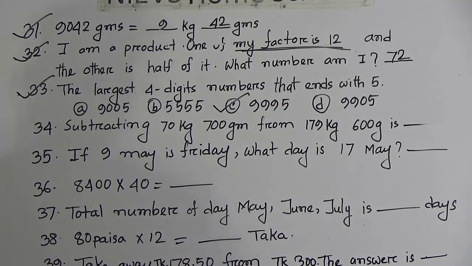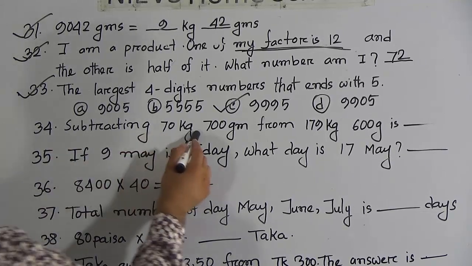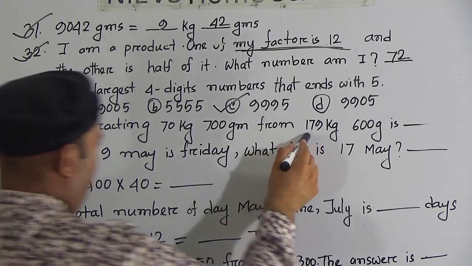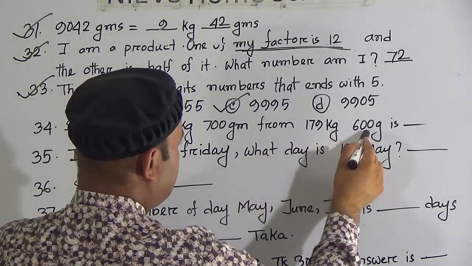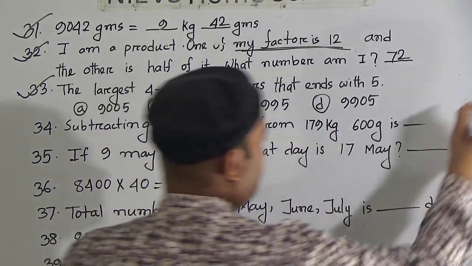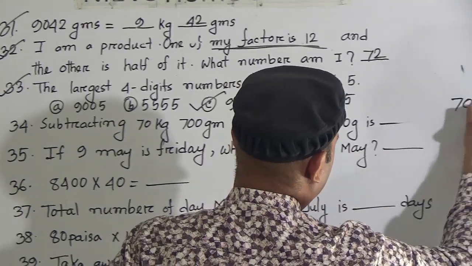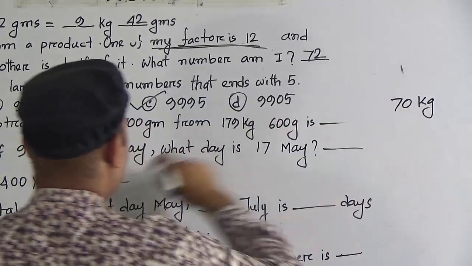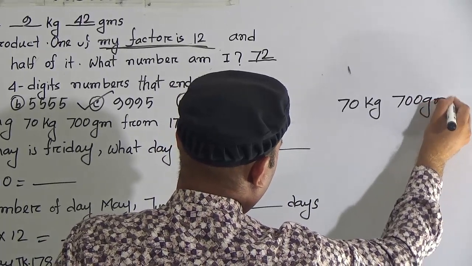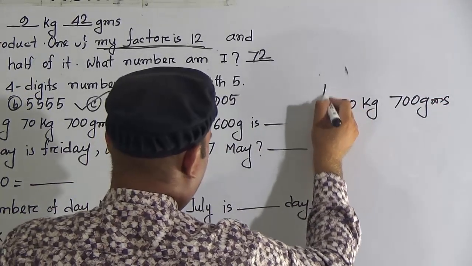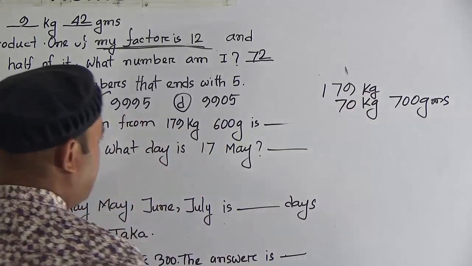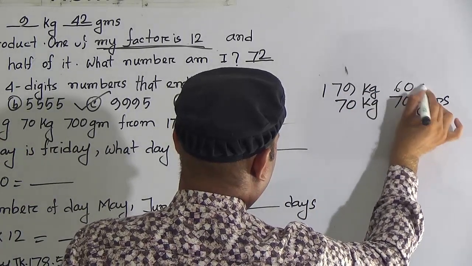Now number 34: subtracting 70 kg 700 grams from 179 kg 600 grams. We have to subtract 70 kg 700 grams from 179 kg 600 grams.